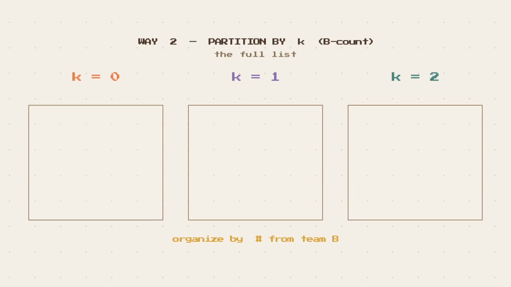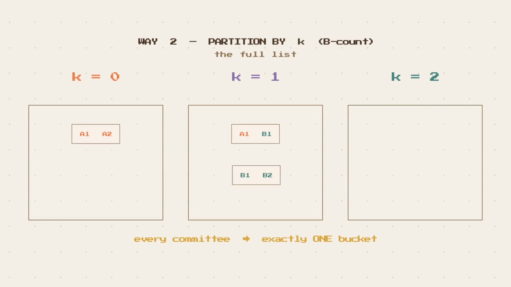That's the full list. So every committee has exactly 1 B count, so each one lands in exactly one bucket, right? So watch, 2 As goes to bucket 0, 1 goes to bucket 1, and 2 goes to bucket 2.